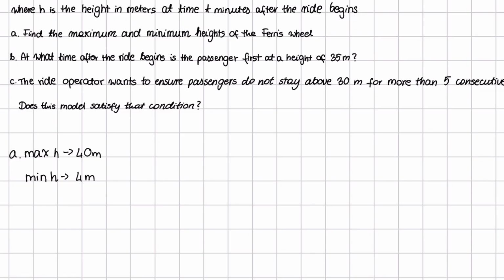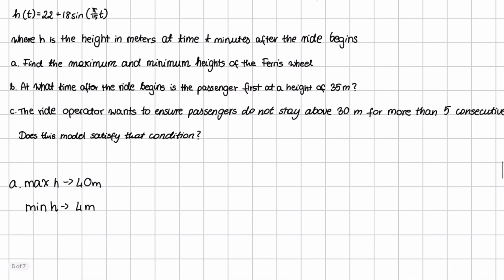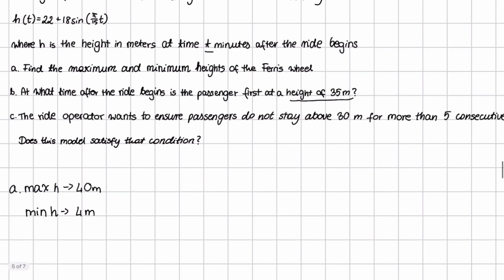B. At what time after the ride begins is the passenger first at a height of 35 meters? So now we're looking for the time, and time is t, and we are given height, so we can just substitute 35 as h and then look for t.